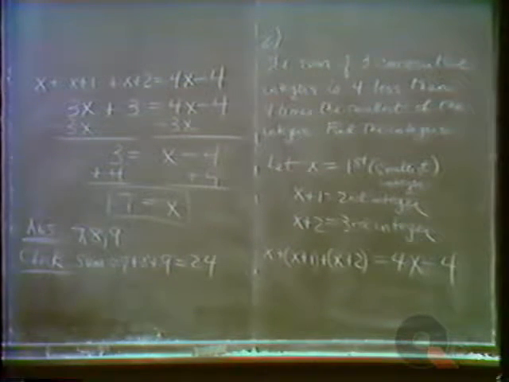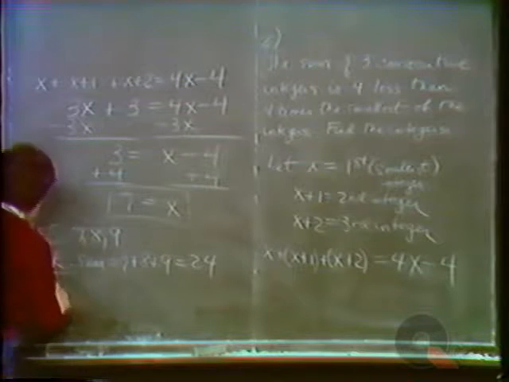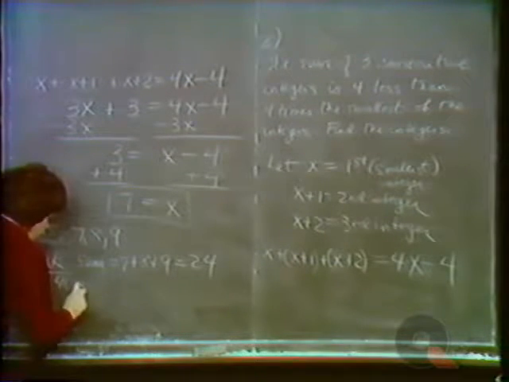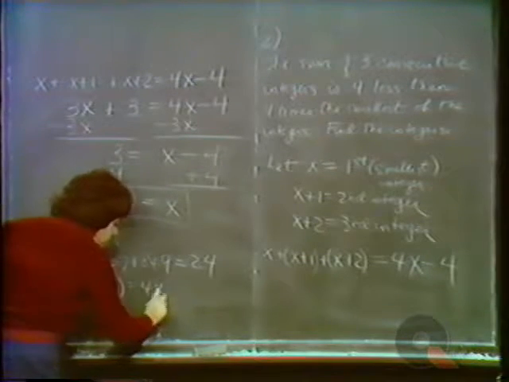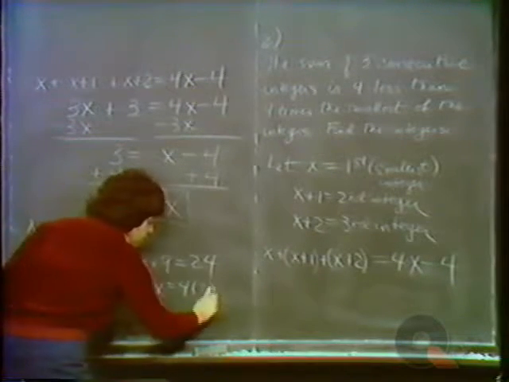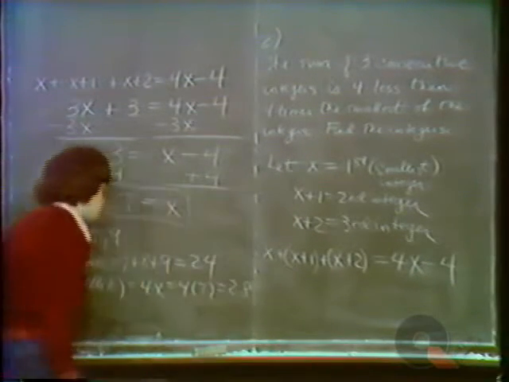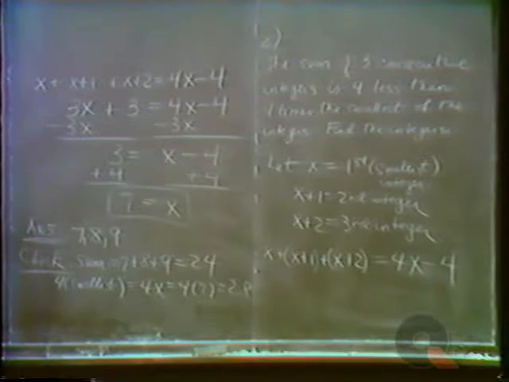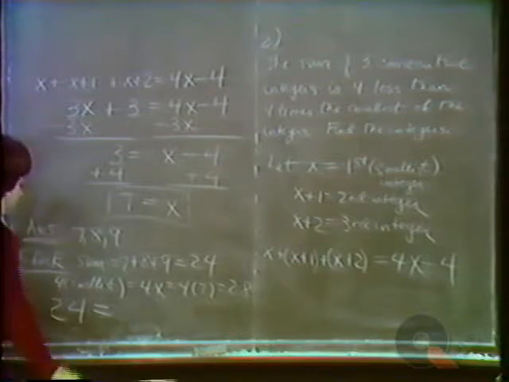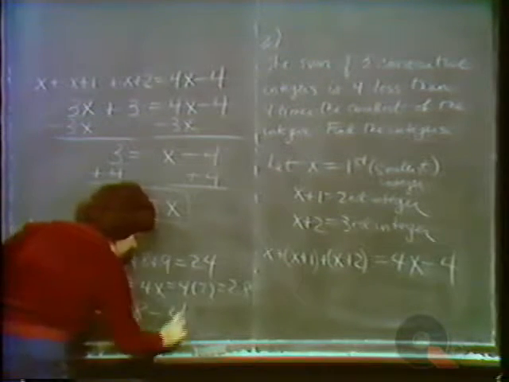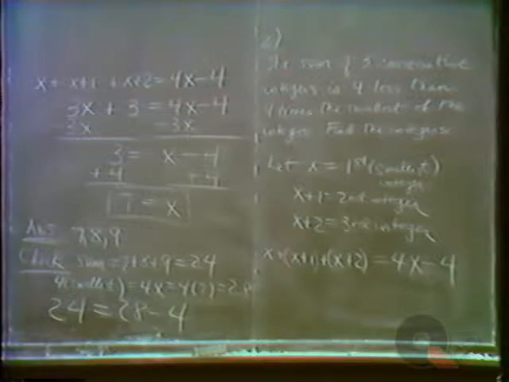According to the problem, the sum has to be 4 less than 4 times the smallest. Okay, 4 times the smallest. That's 4x. 4 times 7 is 28. And it is true that the sum, 24, is 4 less than 4 times the smallest.